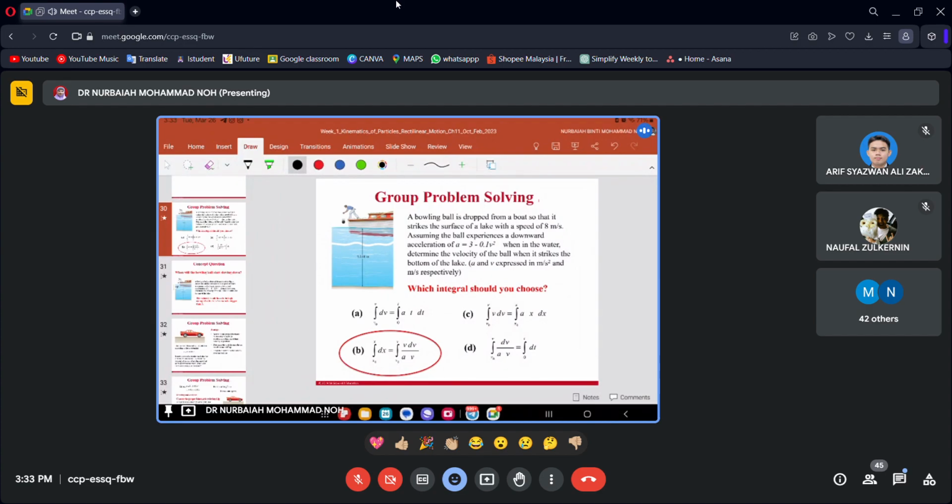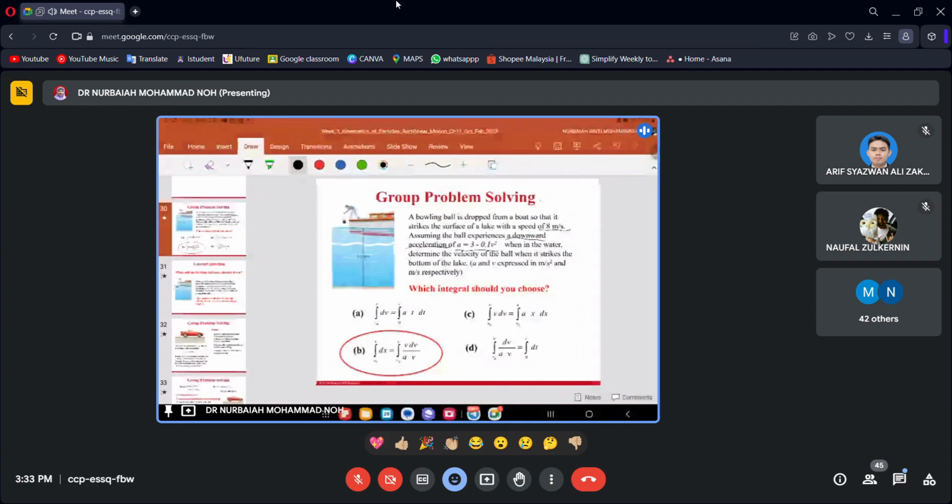So here we have a bowling ball is dropped from boat so that it strike the surface of a lake with a speed of 8 meters per second. And then assuming the ball experiences a downward acceleration of A equal to 3 minus 0.1 v square when in the water.